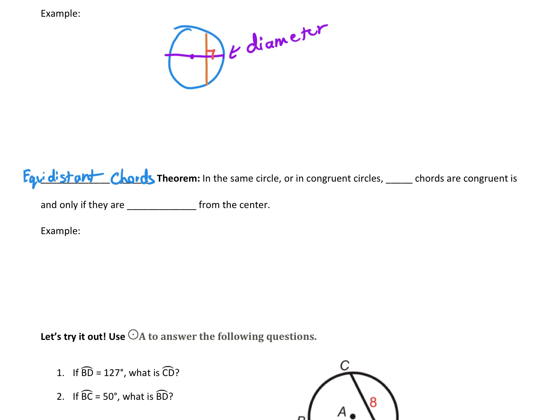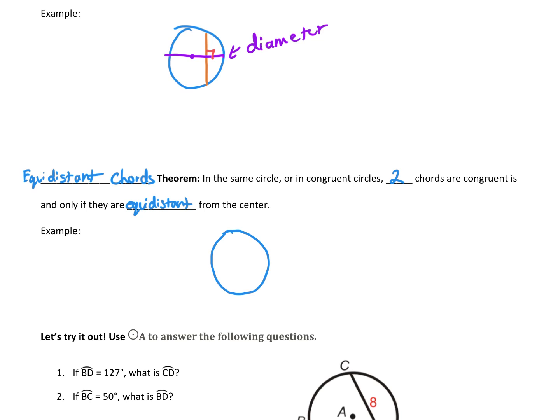In the same circle or in congruent circles, two chords that happen to be equidistant from the center, keyword center, are the same length.